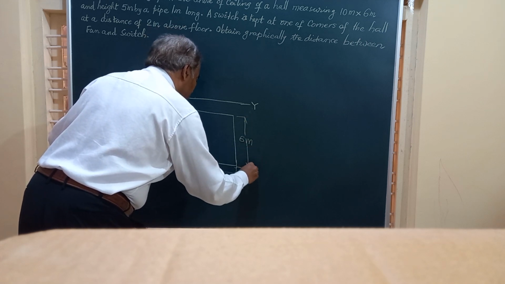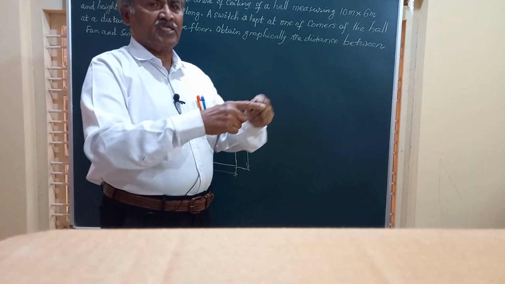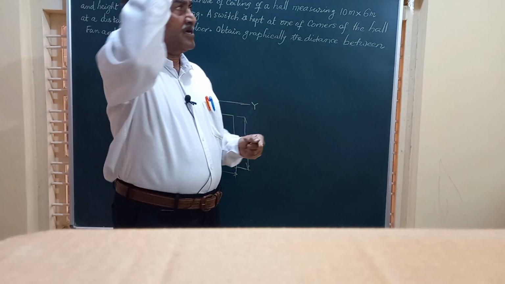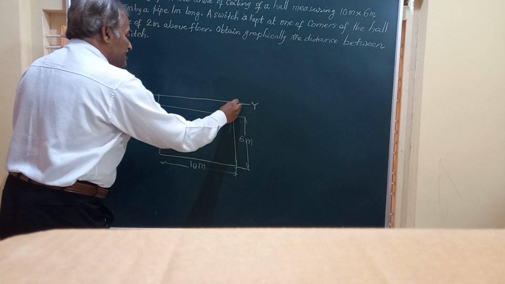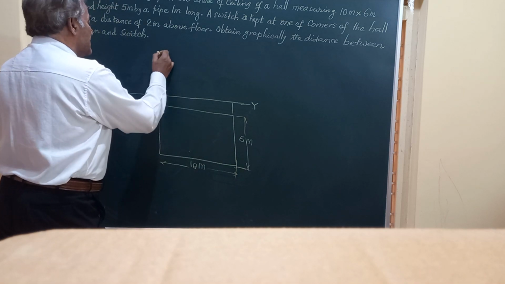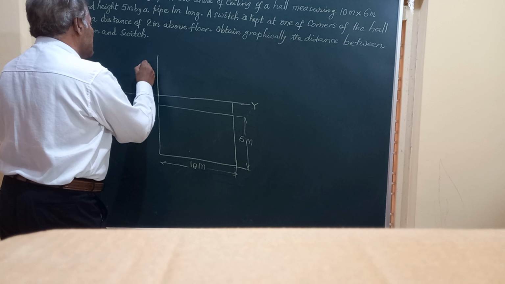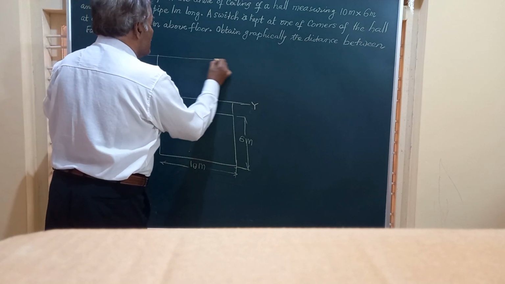So this measurement I have taken. And friends, in the front view, you will see the length, that is 10 meter, and height equal to 5 meter. So I'll produce these lines and mark the height. The height is given to be 5 meter. And I complete this front view.